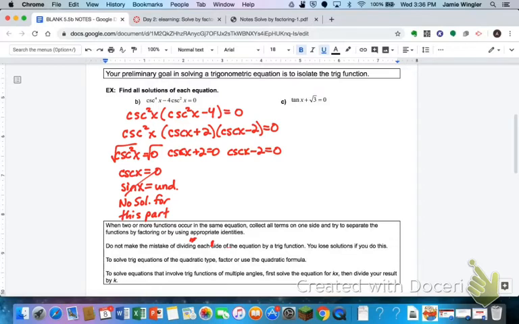Moving on to the next one, I would subtract 2 from both sides, and I'd get cosecant of x equals negative 2, which means the sine of x equals negative 1/2. And I'd get cosecant of x equals positive 2 here, so the sine of x equals positive 1/2. Well, sine is equal to 1/2 at all of our sixths.